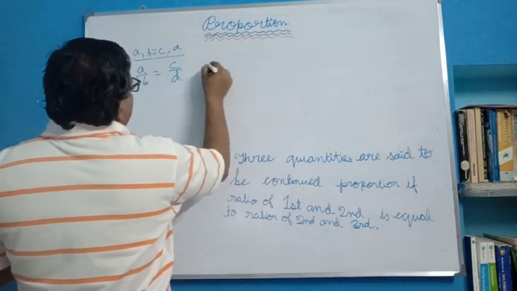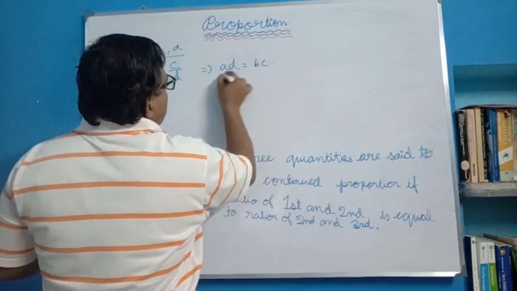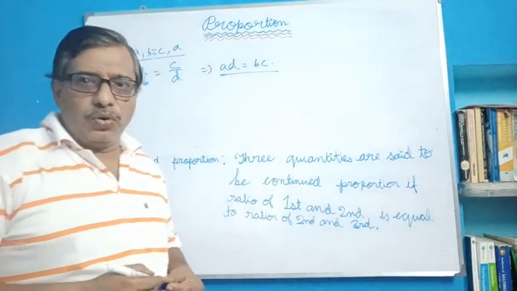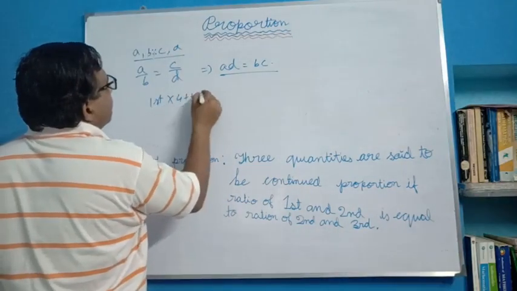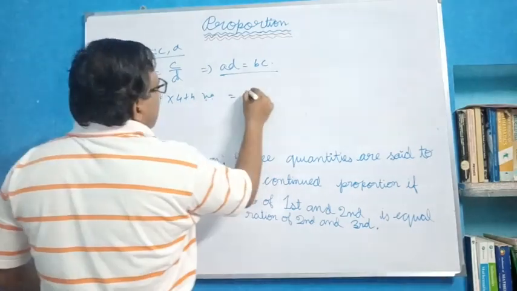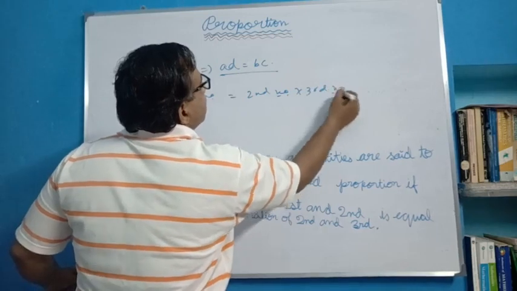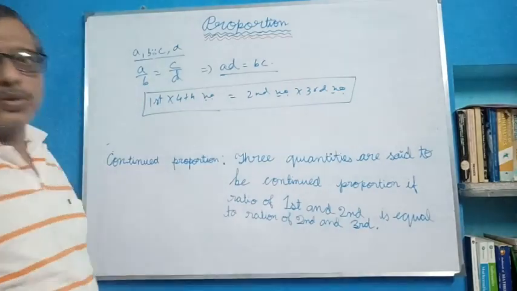From this we can conclude AD is equal to B into C, that means the product of the first and fourth quantities is equal to the product of the second and third. Then these four numbers are also in proportion.